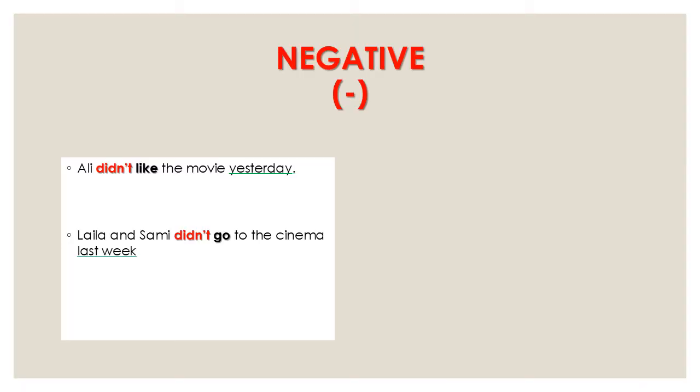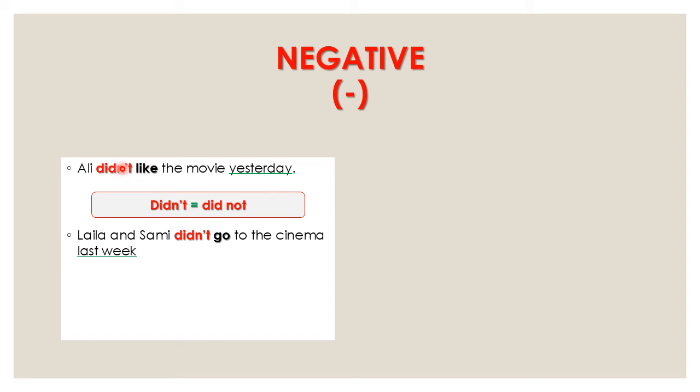Let's move to the negative sentences. Ali didn't like the movie yesterday. Layla and Sammy didn't go to the cinema last week. Okay, so notice that we have two parts in the negative form. First part is didn't and second part is like. Didn't is the short form of did not.